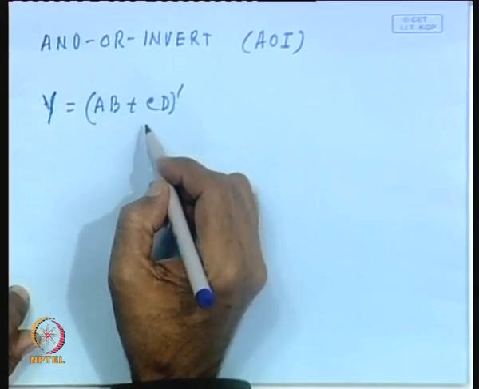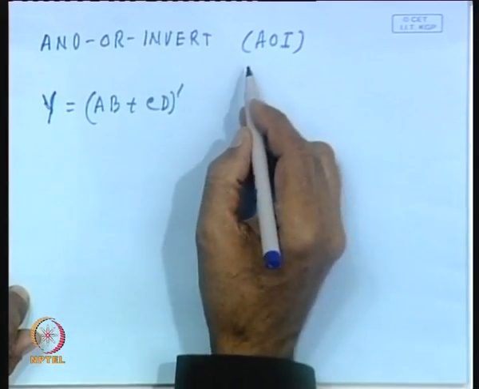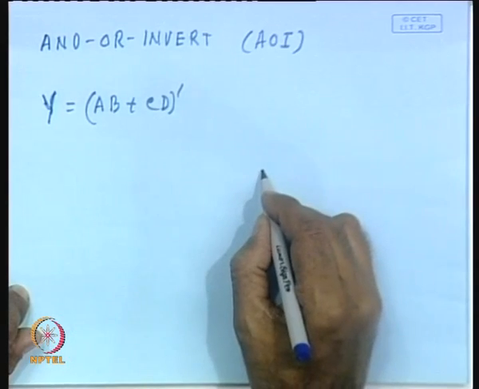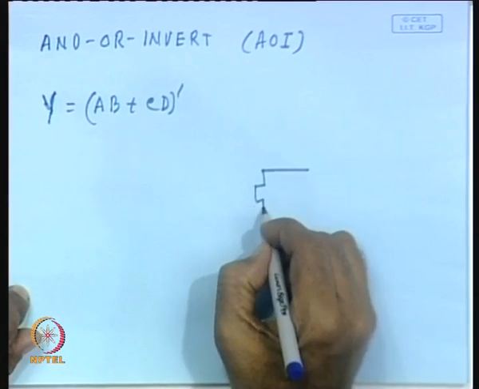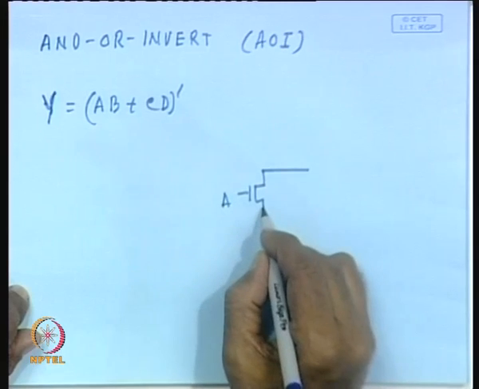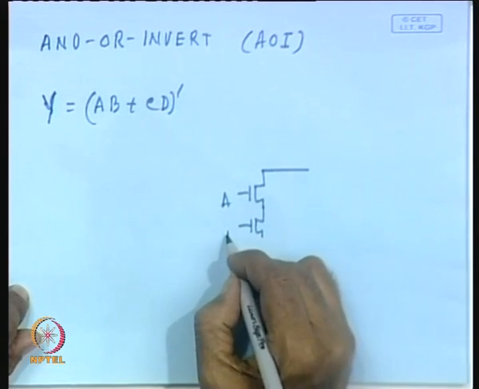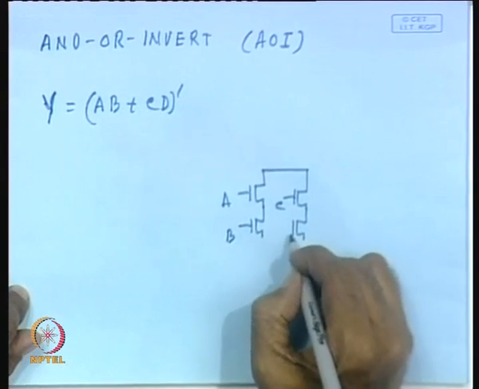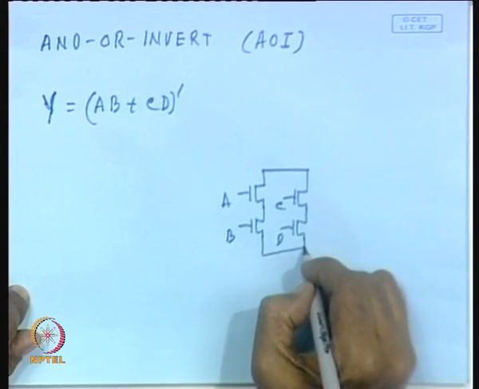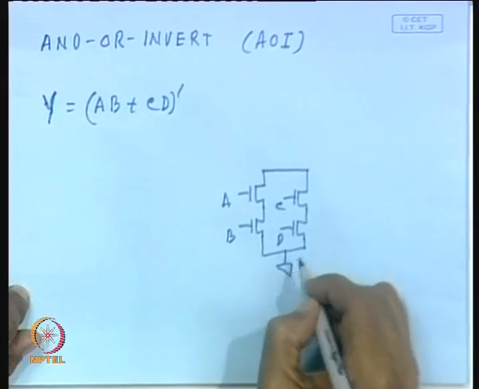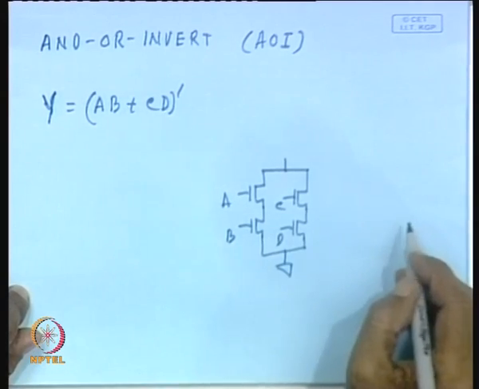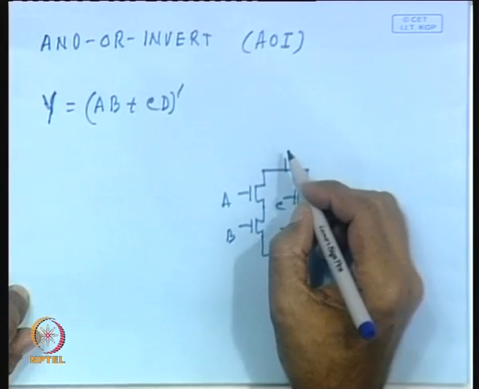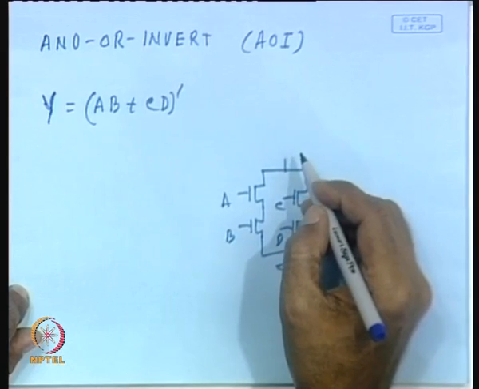So, this particular function you can implement by following the corresponding topology. Say A and B will be in series, then C and D will also be in series, and they are in parallel. So, this will be your NMOS network using AND or invert approach, and corresponding PMOS network will be just the complement of it.